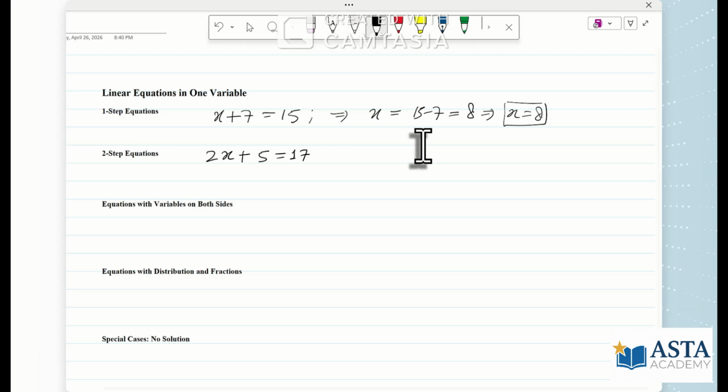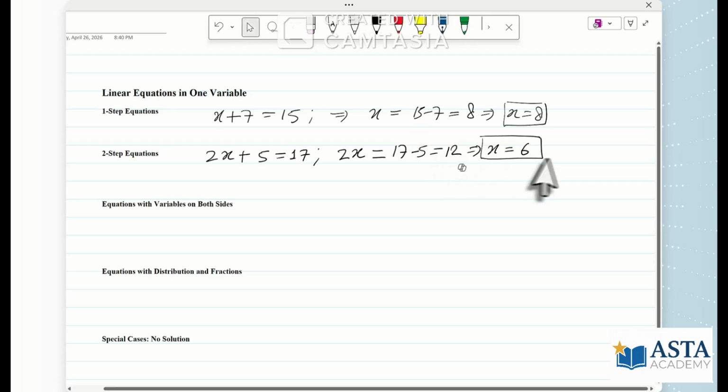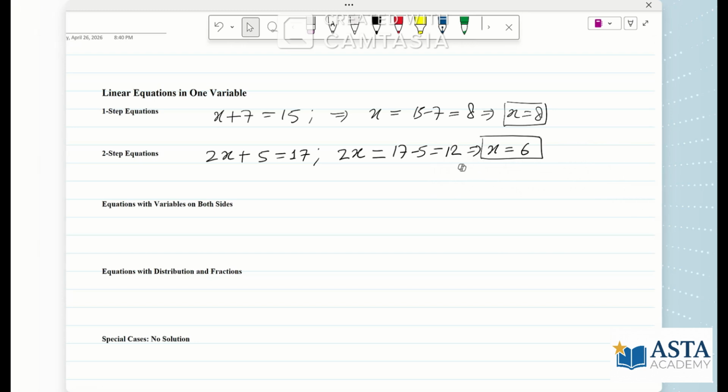So these are the two mathematical operators that are required to solve this. You take the 5 on the other side, on the right hand side, you will have 17 minus 5, which is 12. So that would give you x is equal to 6 as your answer, after dividing by 2. So here you see that it has required you to carry out two mathematical operations.